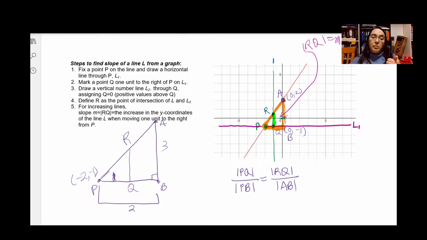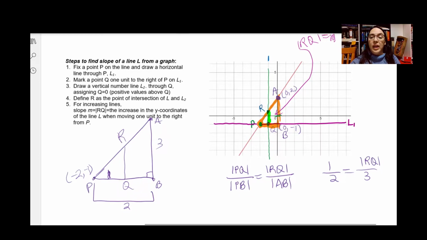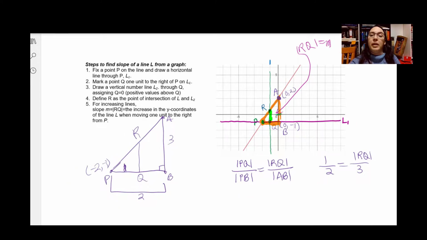Now I know the length of PQ is 1. I know the length of PB is 2. And I can see that the length of AB is 3. So I now have a proportion where I only have 1 unknown. And I can use cross multiplying to get my answer.